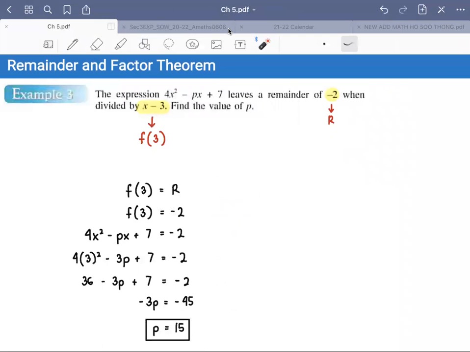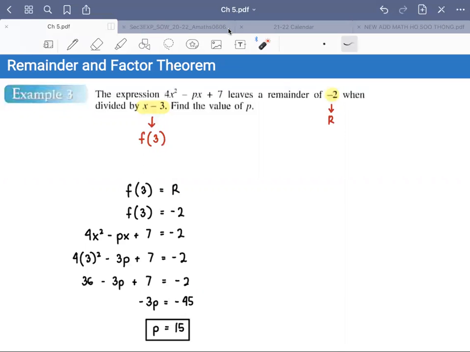Let's have a word problem. This is different from the questions from number 1. For the questions from number 1, you just need to show and get the remainder, right? For number 3, it's totally different. So let's have number 3.